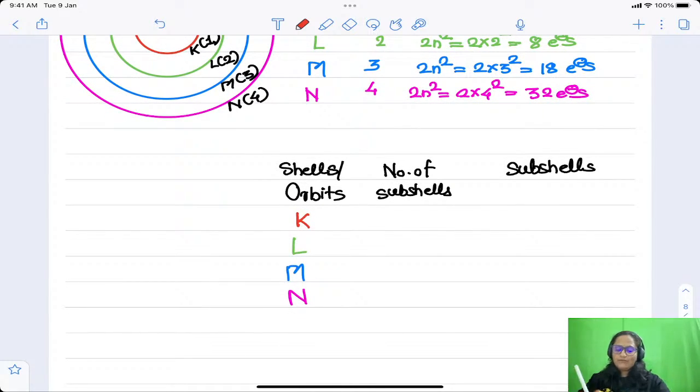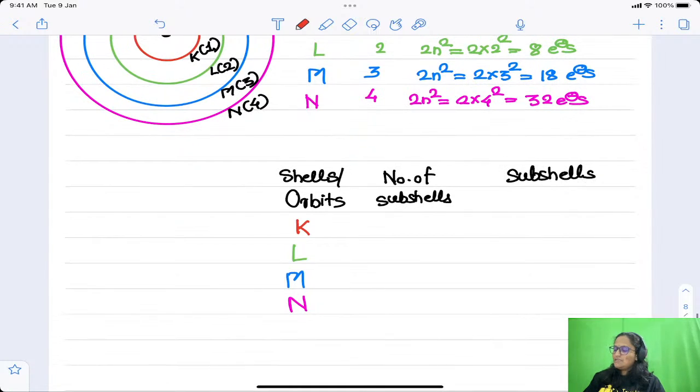I don't know how many of you have stayed in a hostel, but at that time only one room is allotted to us, one room for one student. That one room is our house. It does not have a kitchen, bedroom and living room separately. Everything is a single room. So the K shell is just like the hostel room.